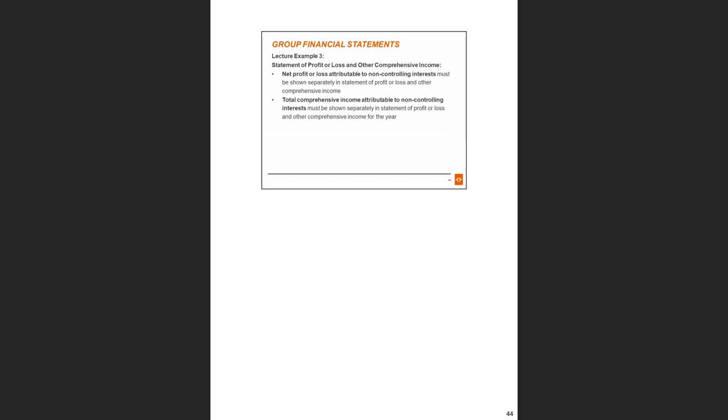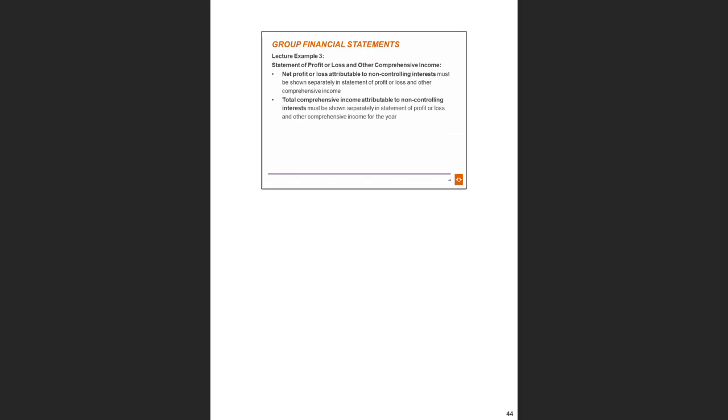So just to mention, when we have our statement of profit or loss and OCI, we'll have net profit or loss attributable to the non-controlling interest, and then we'll also have total comprehensive income attributable to the non-controlling interest. So these line items must be shown separately.